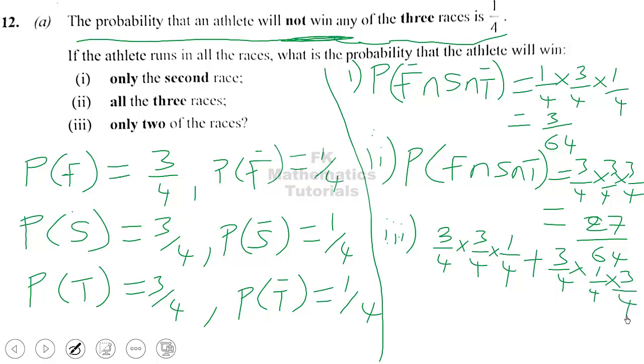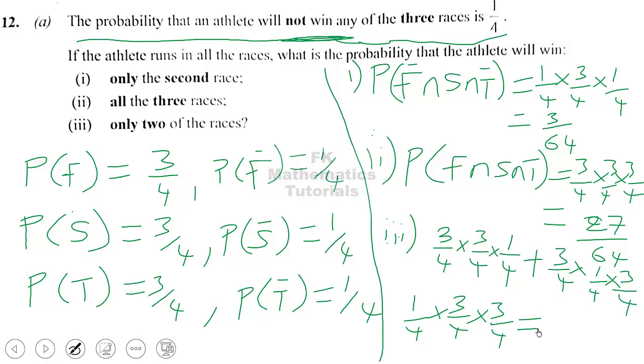Then another possibility is that he will lose the first one, but he will win the last two. So you will lose the first one, 1 over 4, times the last two, which you will win, so 3 over 4 times 3 over 4. And what would that give us?